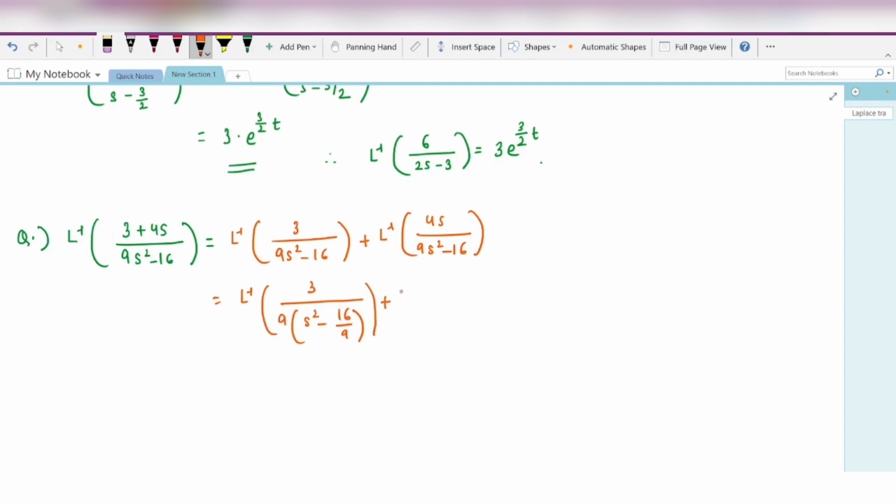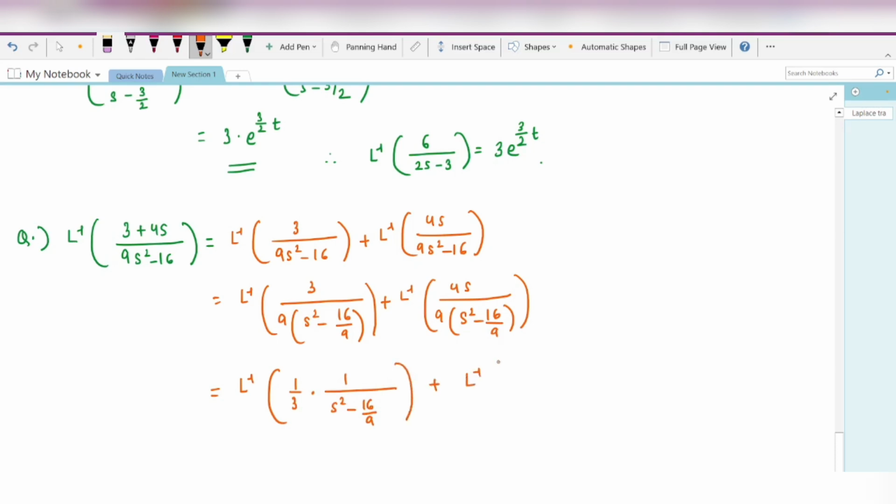plus Laplace inverse of 4s by, again, we can take 9 common, s square minus 16 by 9. This is what we are left with. So we have L inverse of, now 3 by 9 we are having, so 1 by 3 we can write into 1 by s square minus 16 by 9 plus L inverse of 4s by 9, or I can just keep 4 by 9 here, and this is multiplied by s over s square minus 16 by 9.